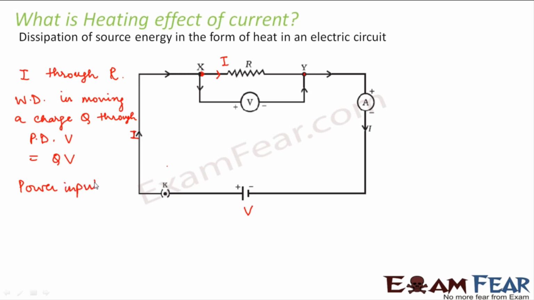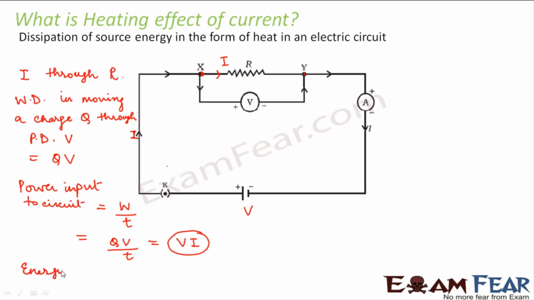How much power is provided to the circuit? Power is always equal to work done per unit time, right? So work done is Q into V divided by time. Now charge per unit time is current, so this is equal to VI. Therefore, this is the power supplied to the circuit.